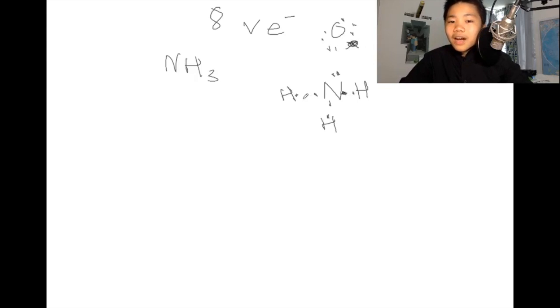So basically, a way to do this is this hydrogen can share 1 electron with this nitrogen. So basically, this nitrogen gets 1 electron and this hydrogen gets 1 electron. Hydrogen is stable, and nitrogen still needs 2 electrons. But with 3 hydrogens, basically, the nitrogen is satisfied.